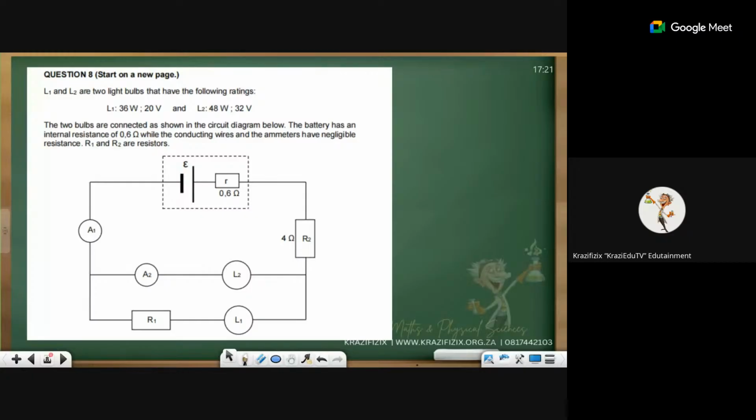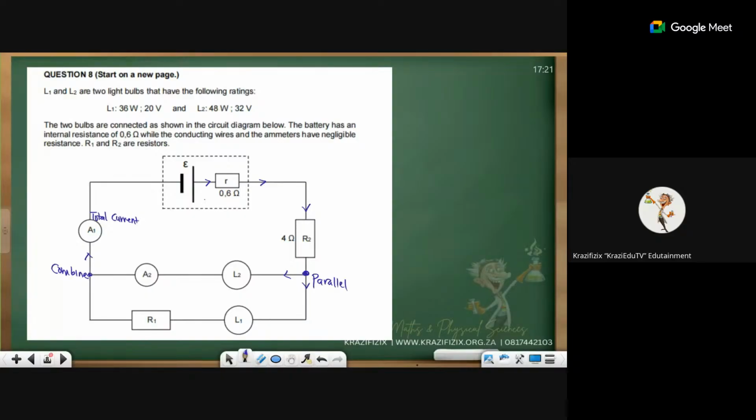The first thing I love to do, before I even look at the question, is to trace the movement of current. Current is going to move like this, right? But when it gets here, it's going to split. And when it splits, I know it's parallel. Then it will combine again and move on. That means this part carries the total current.